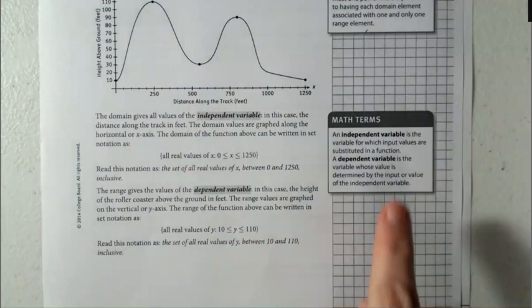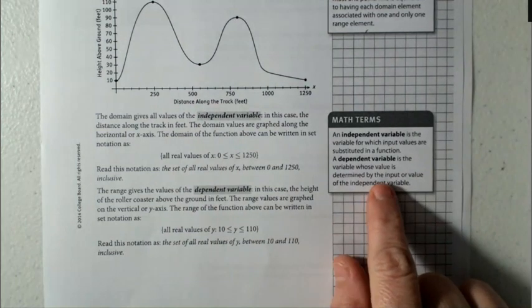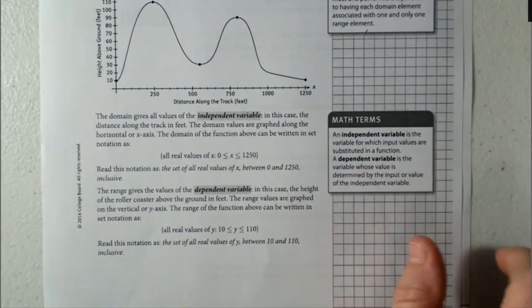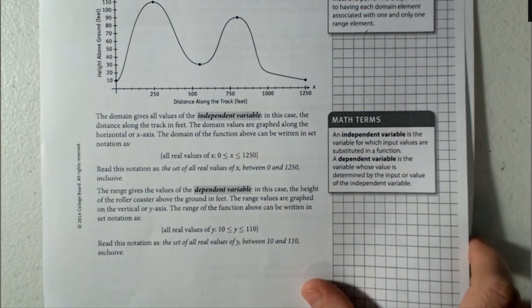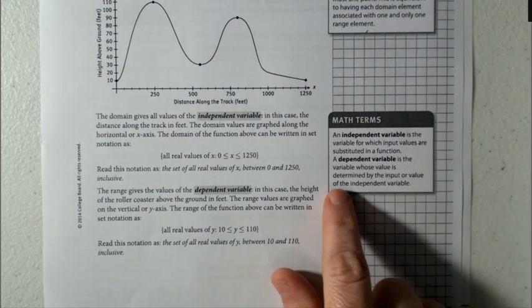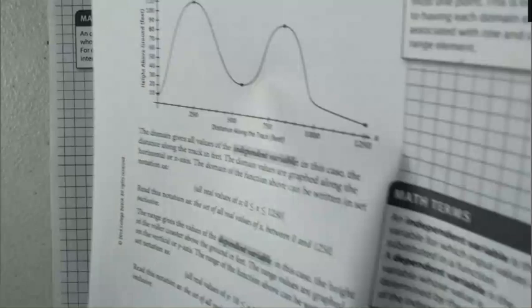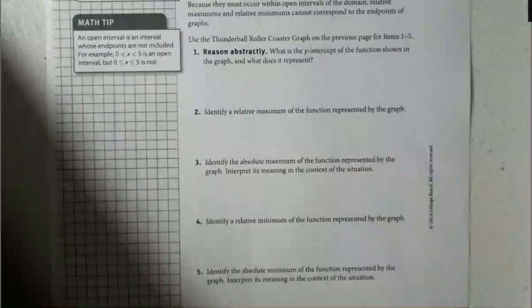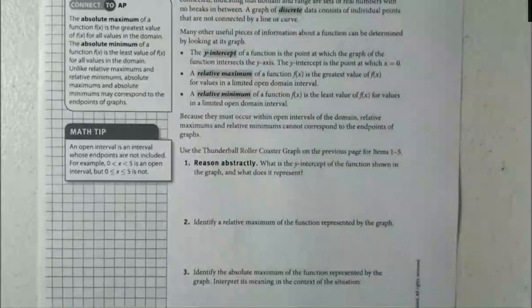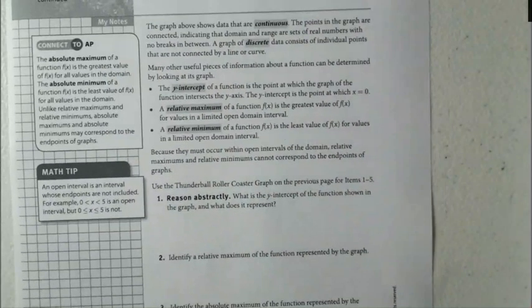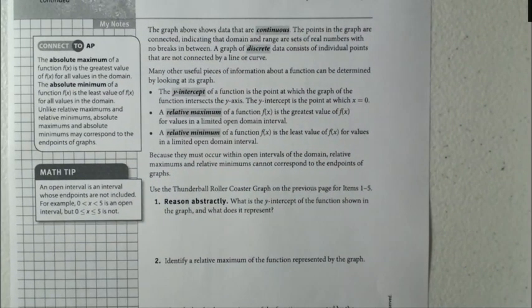And over here off to the side, it just notes that an independent variable is the variable for which the input values are substituted. The dependent value is determined by what the input value was. The graph above shows data that are continuous.